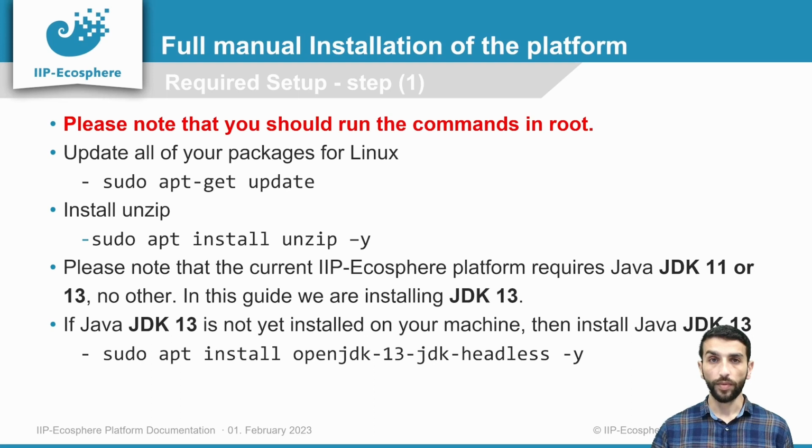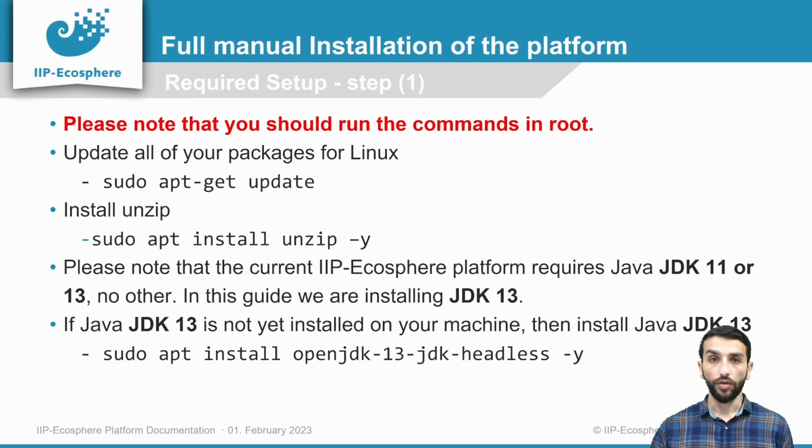Update all of your packages for Linux using the command sudo apt-get update. Install unzip using the command sudo apt install unzip -y. Please note that the current IIP-Ecosphere platform requires Java JDK 11 or 13, no others.